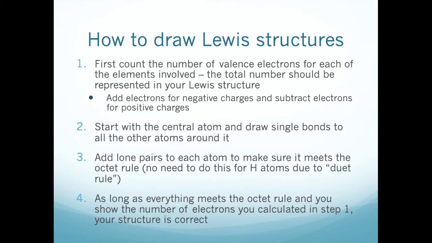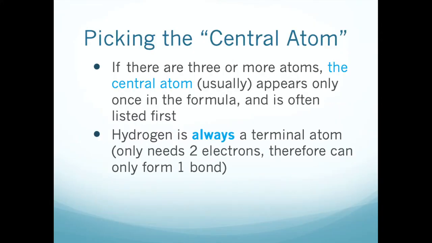Let's talk about how to draw these Lewis structures. Start off with your central atom. You look at your formula. Typically, your central atom is the first element that's listed, but if you have hydrogen as the first element listed, it's not going to be hydrogen. Hydrogen cannot be your central atom. Since hydrogen only wants 2 electrons to meet the duet rule to be like helium, it can only form a maximum of 1 bond.